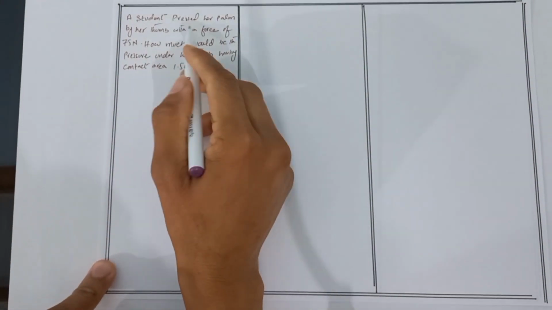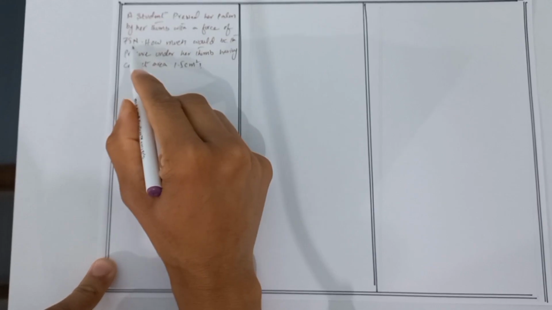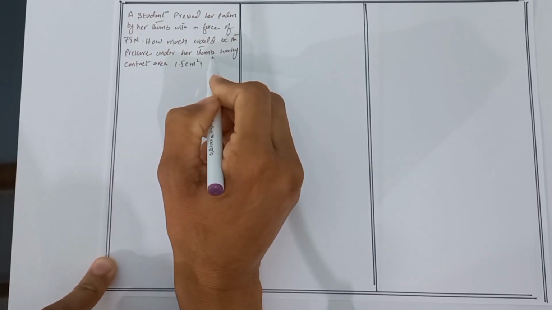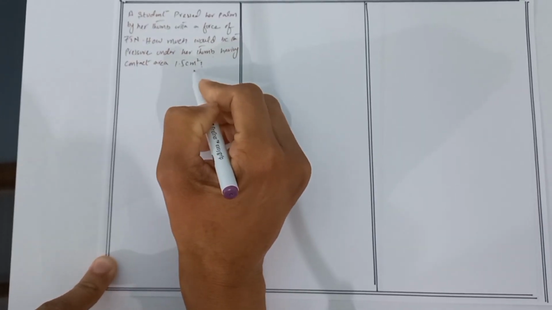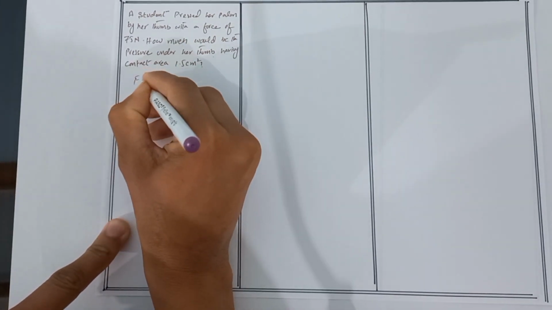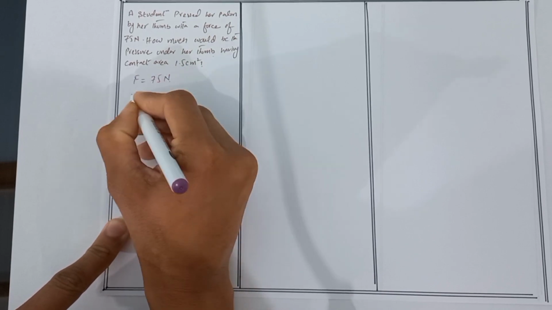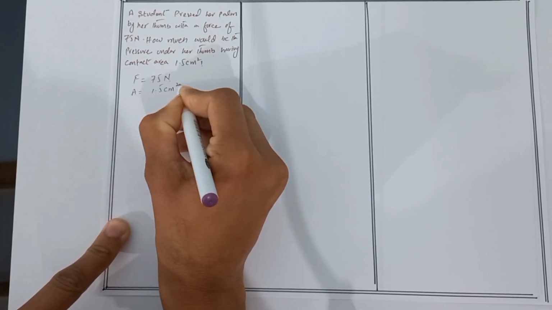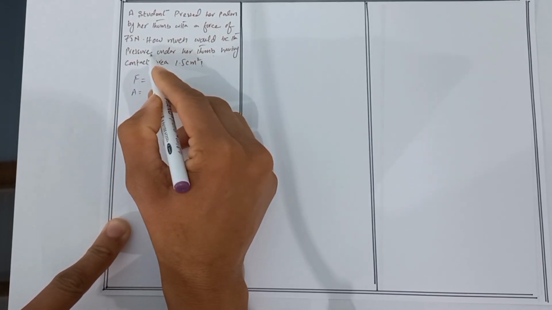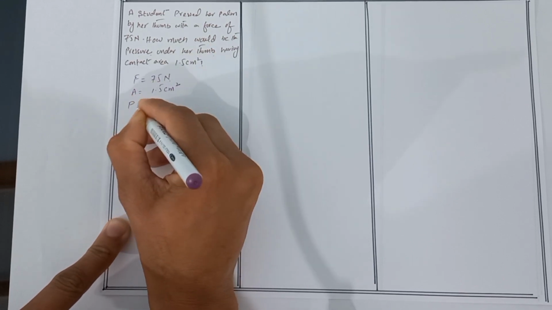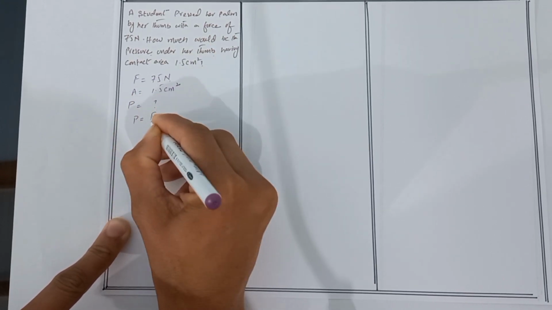Next question is, a student presses her palm with her thumb with a force of 75 Newton. How much would be the pressure under her thumb having contact area 1.5 centimeter square? The force is 75 Newton and the contact area of the thumb is 1.5 centimeter square. We calculate how much pressure is exerted in that area. We know the formula of the pressure is force per unit area.